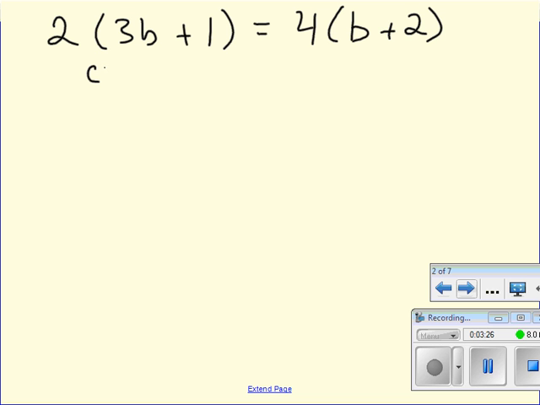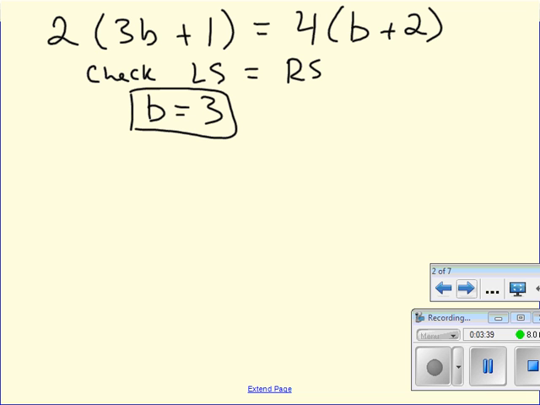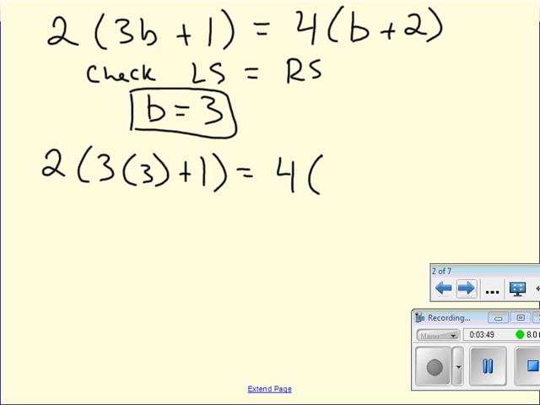And to check, which means left side is equal to right side, I'm going to make b equal to 3, which is what I found out previously. So I'm going to have 2 times (3 times 3 plus 1) is equal to 4 times (3 plus 2).